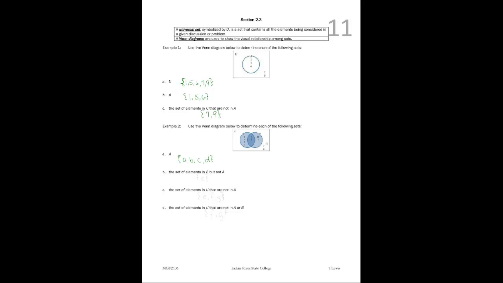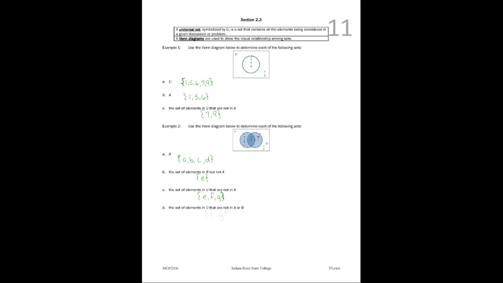Letter B, the set of elements in B but not in A: E. Letter C, the set of elements in the universal set U that are not in A: E, F, G. Let me stop here.